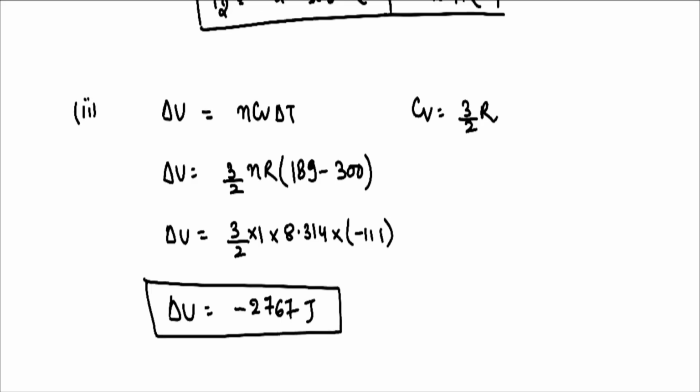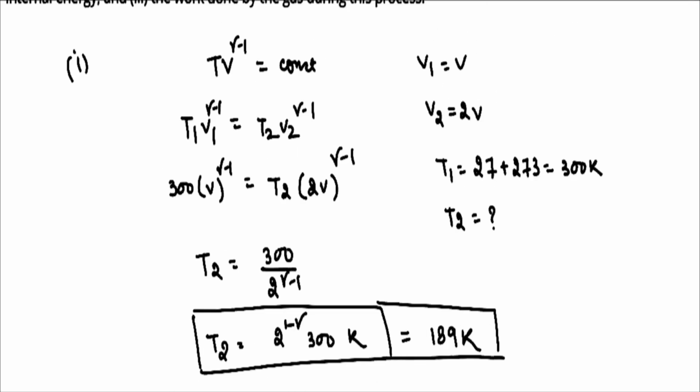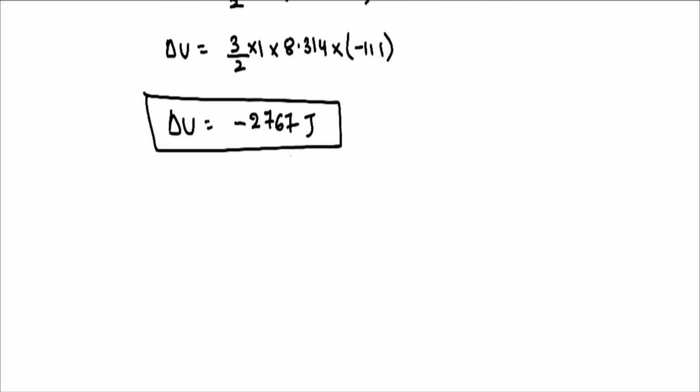And in the third part, they are saying to calculate the work done by the gas. From the first law of thermodynamics, we know that the heat given to the gas is equal to the change in internal energy plus work done. Now the process is adiabatic, and for an adiabatic process the heat is zero because there is no heat exchange between the system and surrounding.